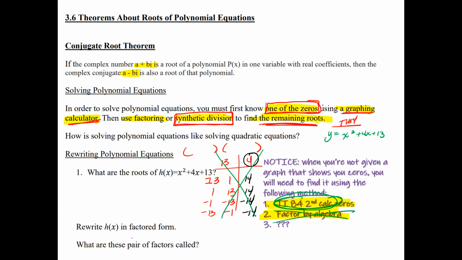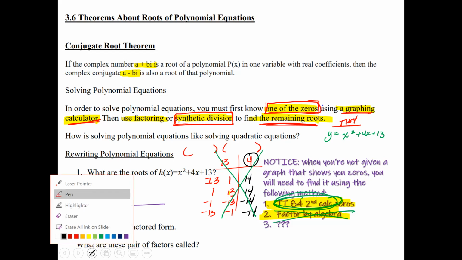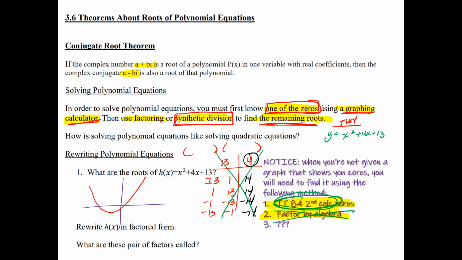As I look at this right here, I've noticed that my graph actually does not have any zeros because it goes up this way. But let's say hypothetically, because this problem was not created very well, I have one right here, and let's say that one is a negative 2.